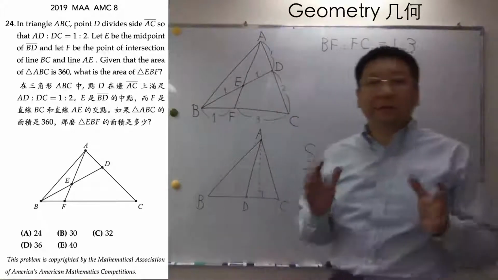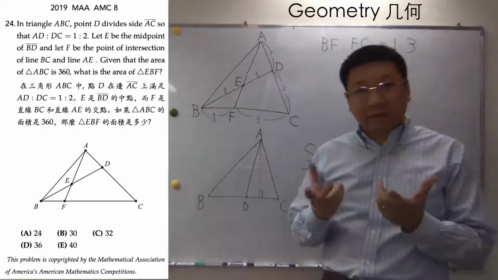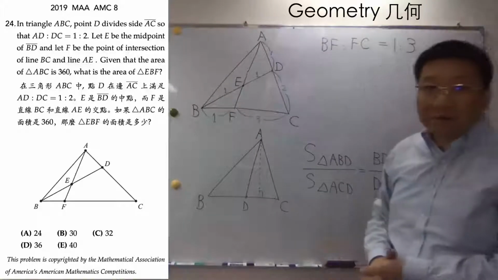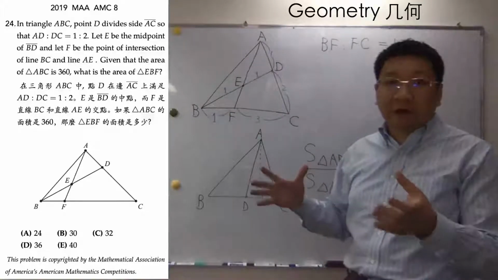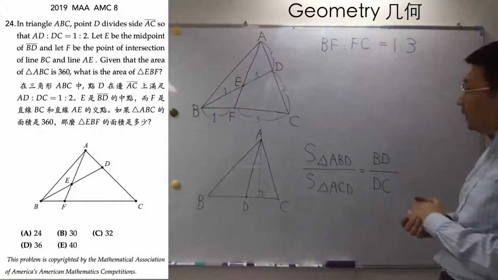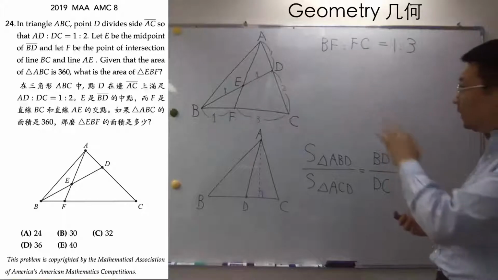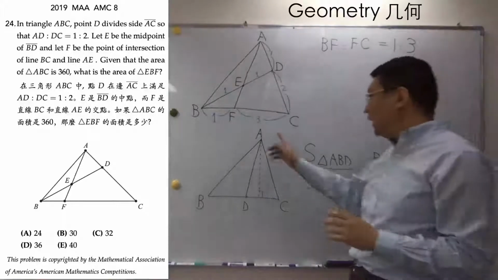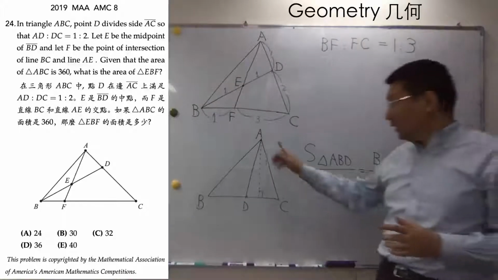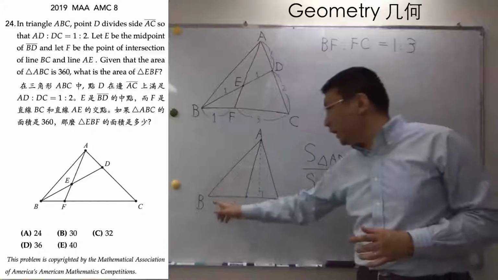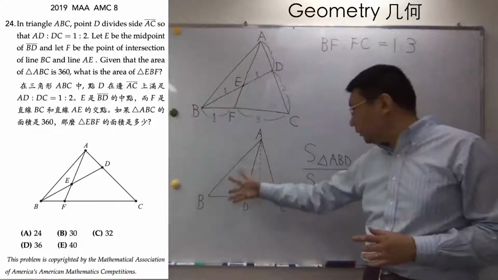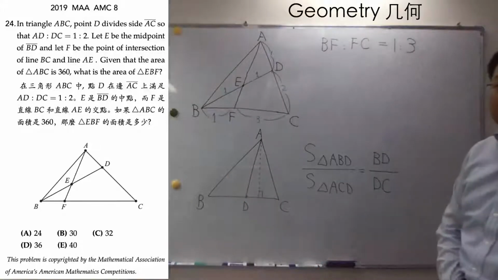Now we discuss the second part of this question, which is to calculate the area of this small triangle BEF from the condition that the big triangle ABC has area 360. Before going into the detailed steps, let us review another formula related to the area of triangles. This is a typical structure. If you have a triangle, you put a line inside the triangle to divide the big one into two small triangles.